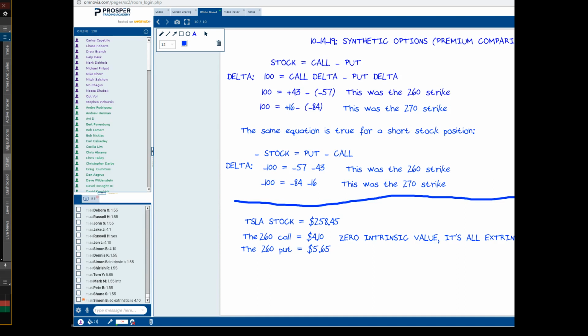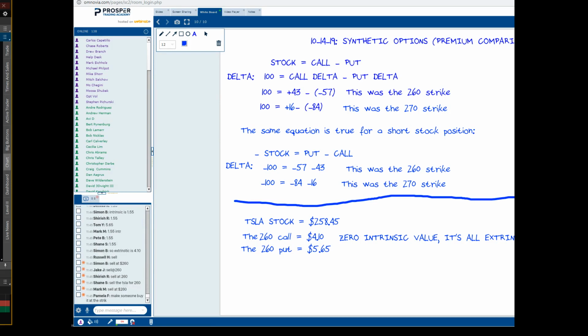Okay, how do we know that? Well, what does the 260 strike put allow you to do at expiration? If you own that put, what does it allow you to do at expiration? Okay, sell the stock at 260.